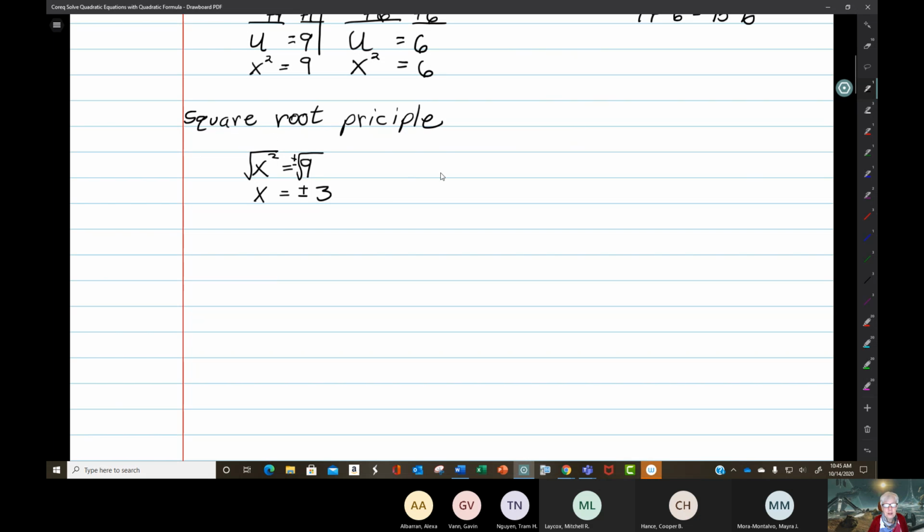We're going to do the same thing here. X squared equals 6. Take the square root of both sides and put a plus or minus in front of that term. So X equals, hold your horses. This will not reduce.